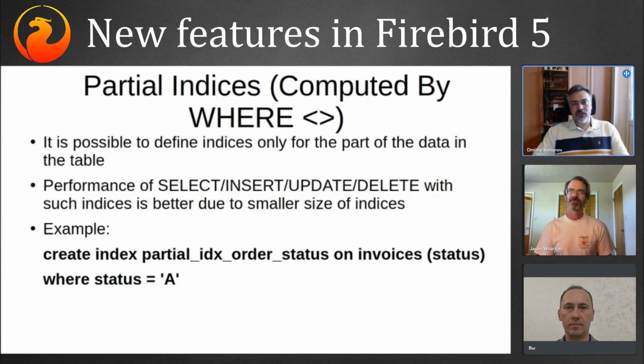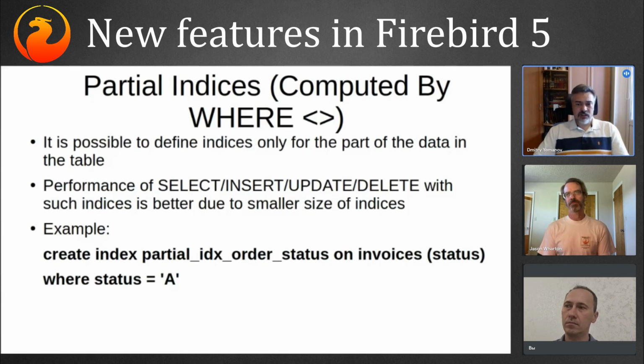It allows you to improve performance for some insert, update, and delete operations, because the index is smaller, and its modification could be faster. But it also allows you to reduce the index size in some particular cases. For example, if you need to index only a subset of rows, the index will be much smaller, of course, and the storage will also be smaller. So it affects both the storage and performance.